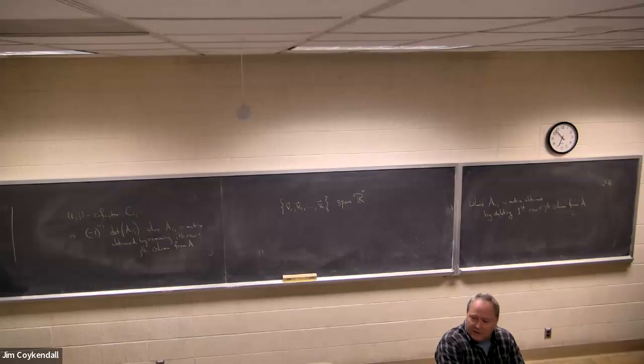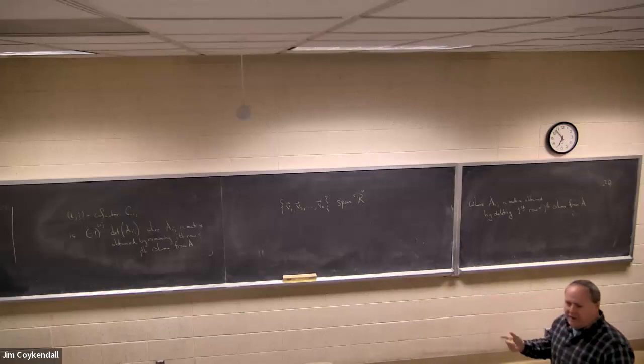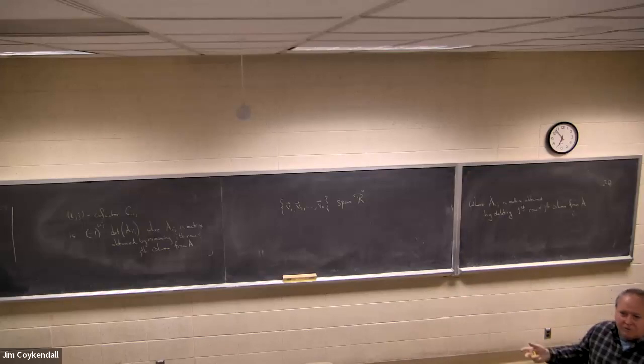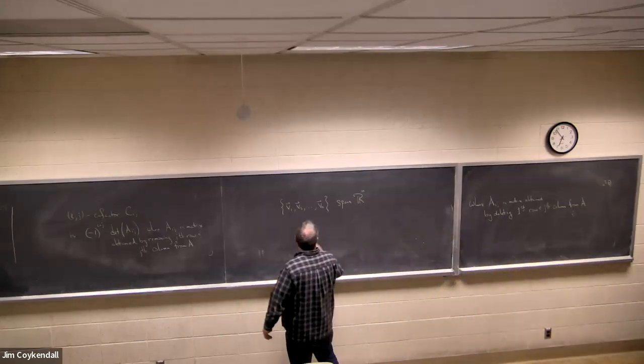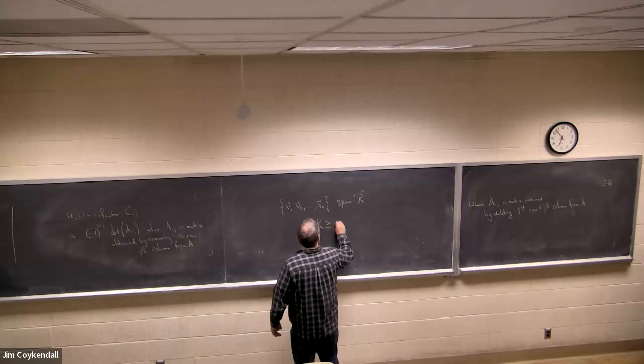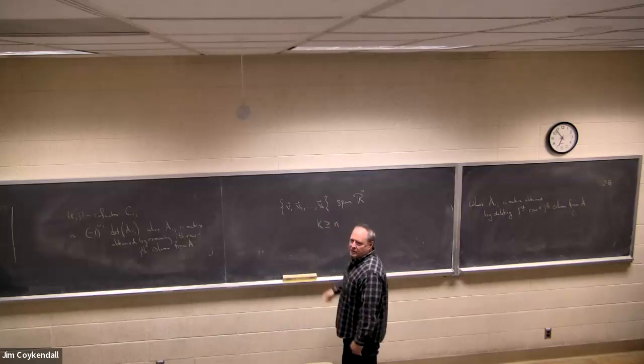Once you've got a spanning set, you can go out and get a bulldozer and shovel and start dumping other vectors there, and it'll still span, all right? So the smallest set of vectors I could ever hope to span Rn is n vectors. I've got K of them that span Rn. What do I know about the relationship between K and n? There have to be at least n vectors.